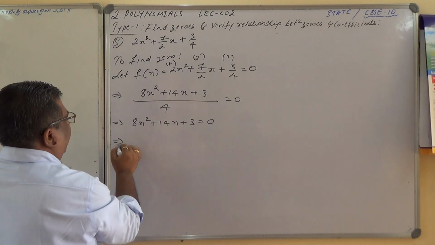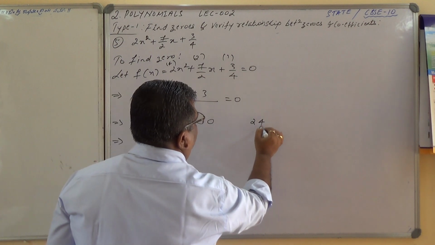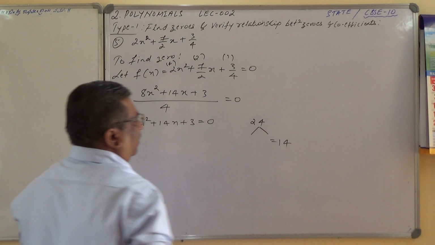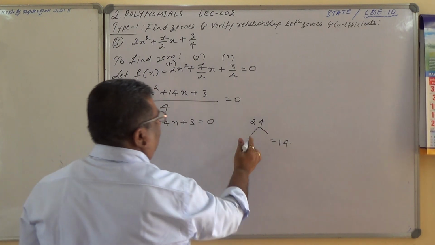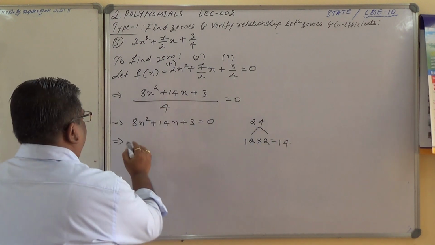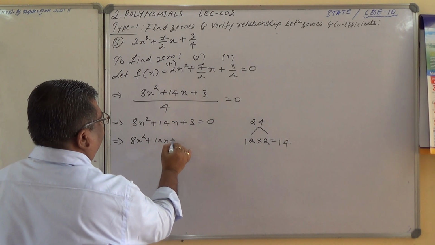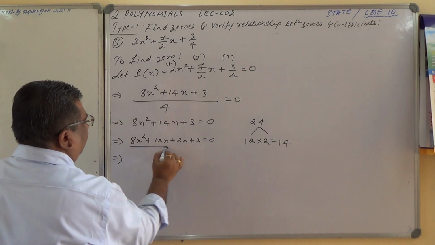Now splitting the middle term. So I want here 8 3s are 24, and it should be split to get here plus 14. So how do you get 12 into 2, which is perfectly possible, and therefore 8x square plus 12x plus 2x plus 3 equals 0. Take common out of this.